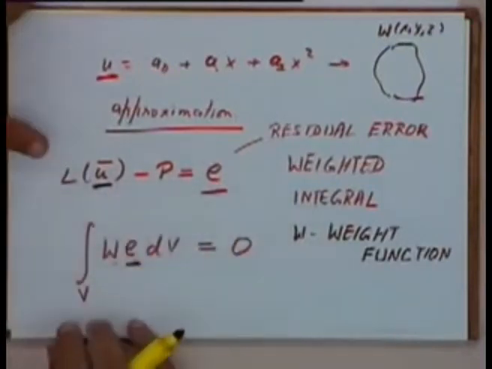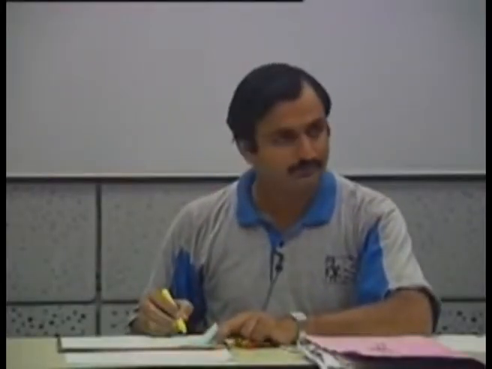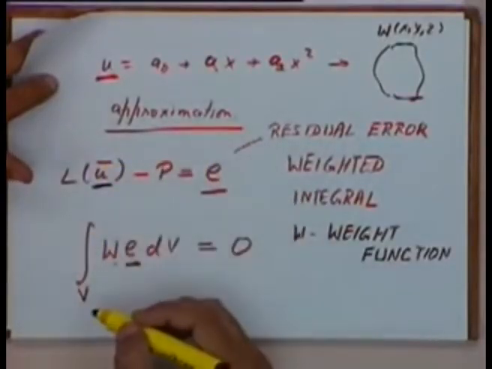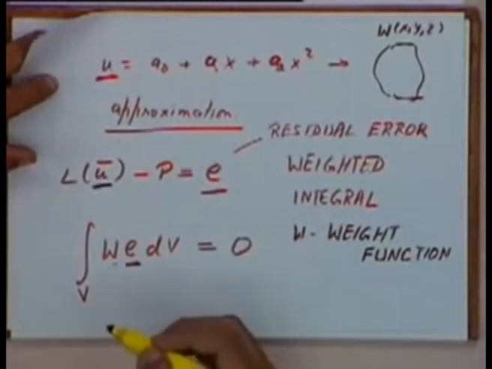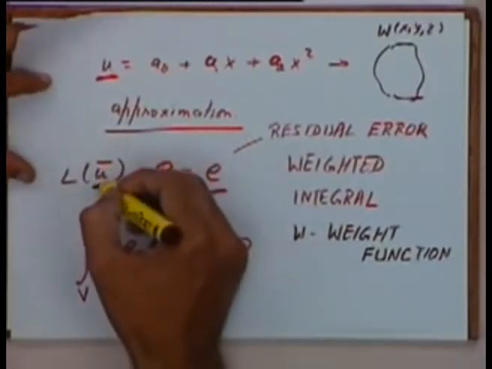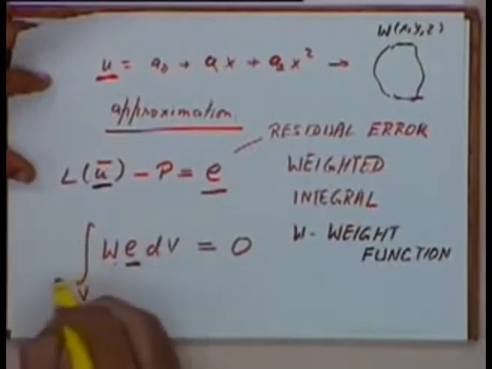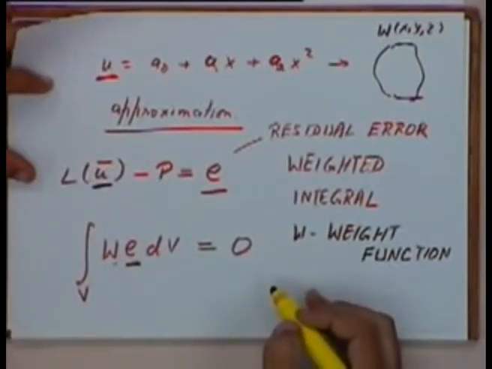Okay, so in the Galerkin's approach we will be taking this weightage function w as per a certain norm. Okay, and then we will be taking u bar as per a certain norm, and then we will take w as per a certain norm, and then we will try to get this integral equal to 0.